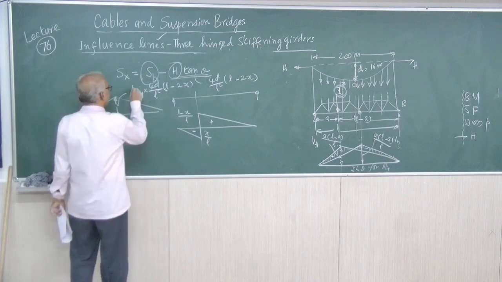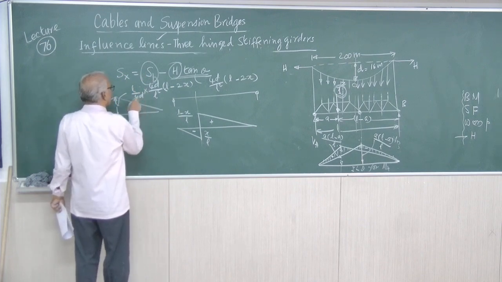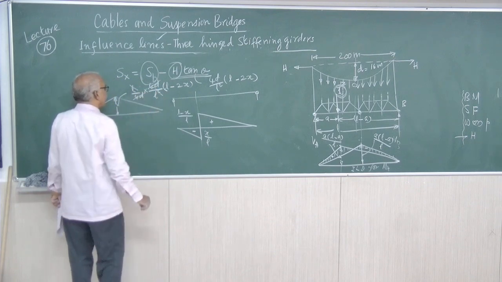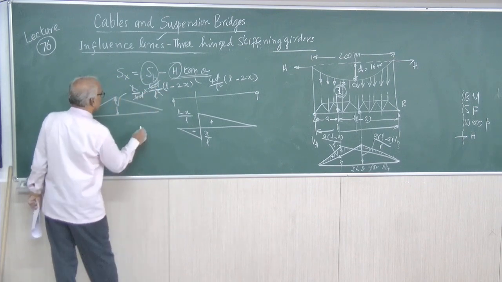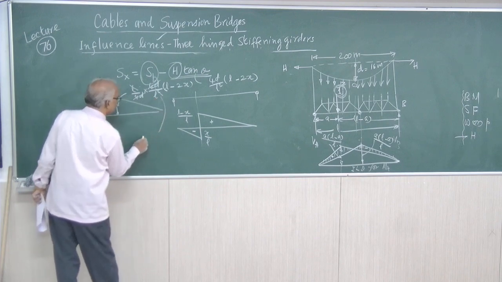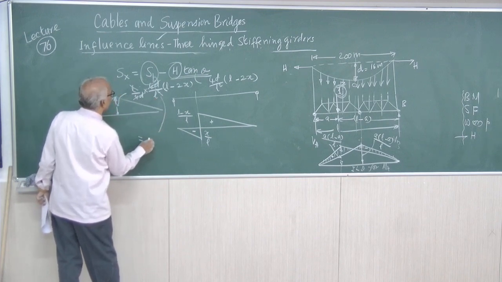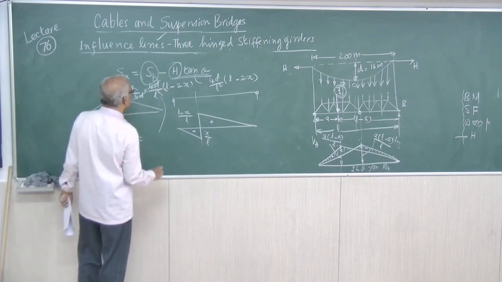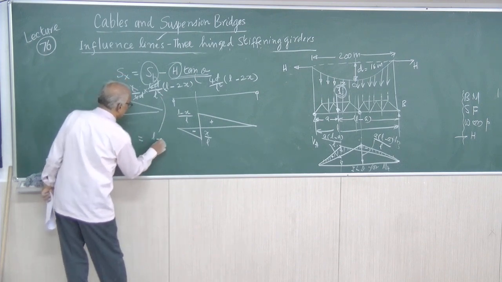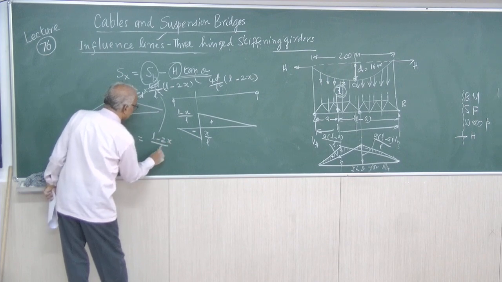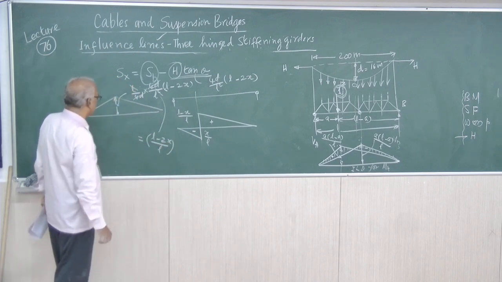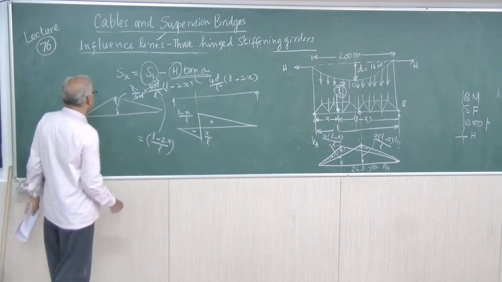So L by 4D, 4D and 4D will get cancelled, L and L will get cancelled, and that will be equal to L minus 2x by L, which will be the ordinate. So we can find out this value.